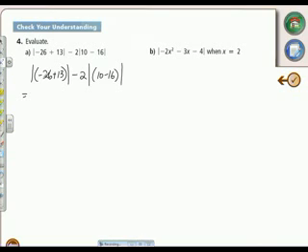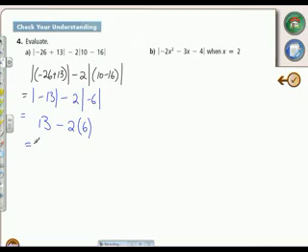Okay, so negative 26 plus 13 gives us the absolute value of negative 13 minus 2 times the absolute value of negative 6. The absolute value of negative 13 is positive 13. Minus 2. The absolute value of negative 6 is positive 6. But there's a multiplying sign in here. Now that we've used the absolute value up, we can just leave it with brackets. Then we get 13 minus 12, which gives us 1.